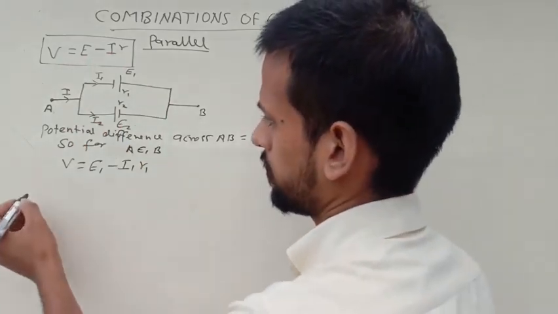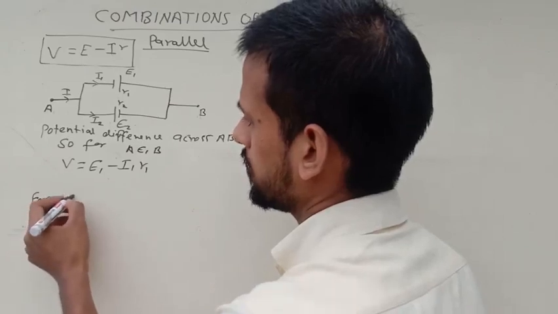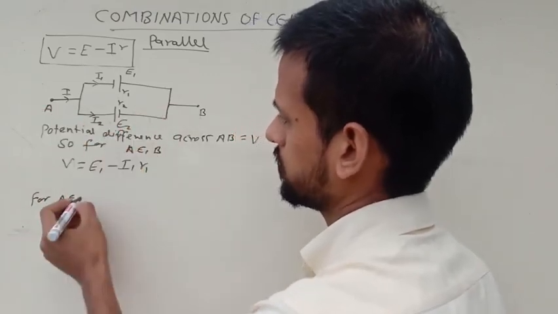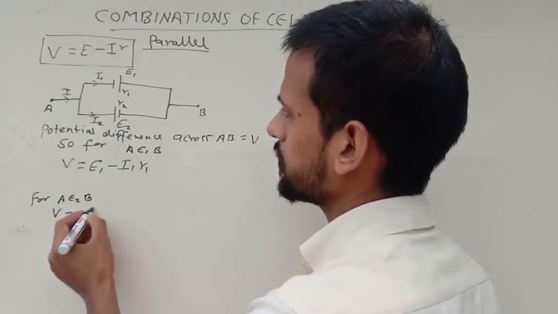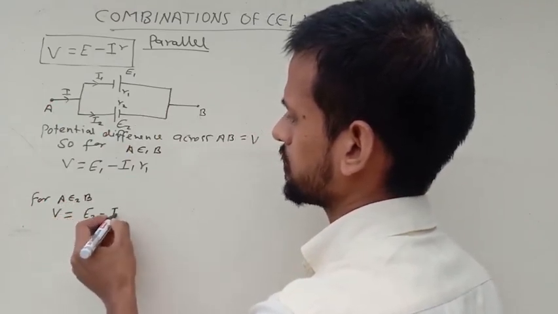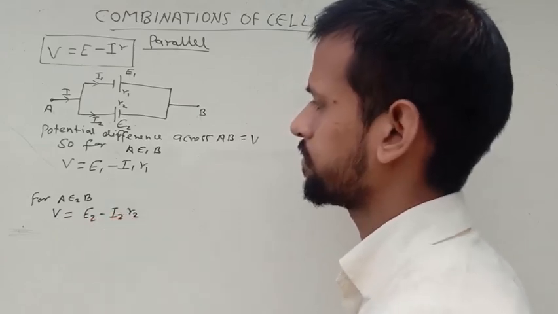Similarly for the path through E2, the potential difference is the same, V is equal to E2 minus I2 R2.